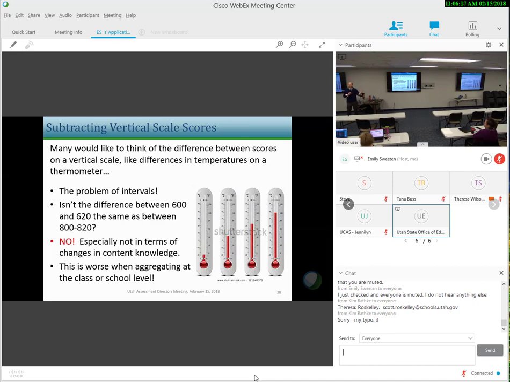I said, well, we do have interval scales like temperature, right? Especially if I move off of the Fahrenheit scale to the Kelvin scale or something like that, the difference between 10 degrees and 20 degrees is the same as the difference between 50 and 60 degrees.